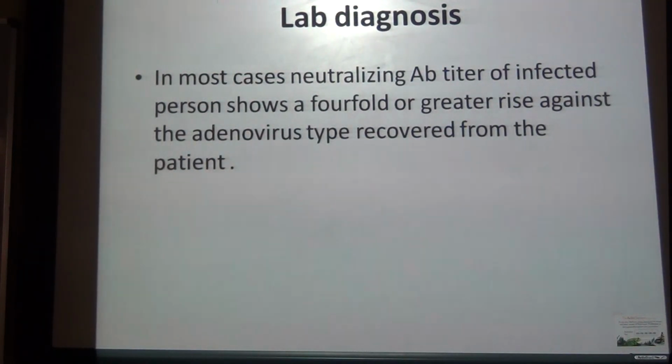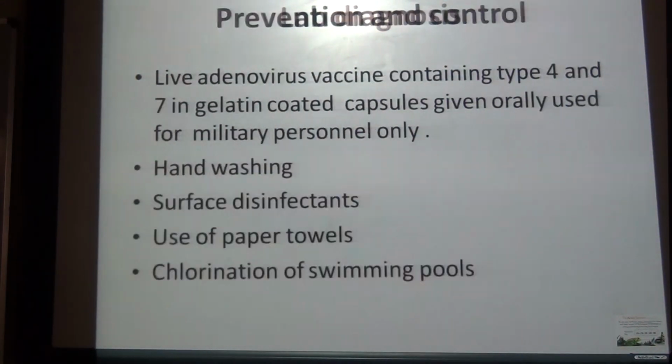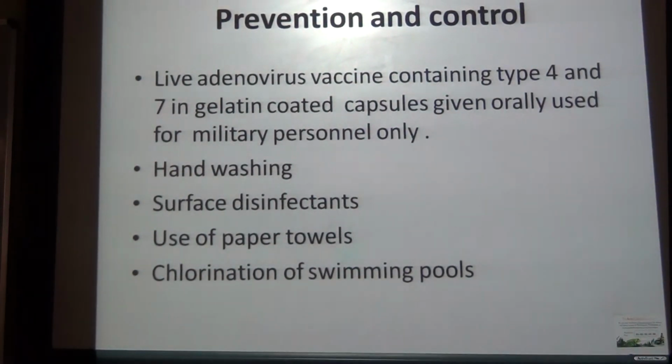In most cases, neutralizing antibody titer of infected person shows a 4-fold or greater rise against the adenovirus type recovered from the patient. So these were the few examples of lab diagnosis.